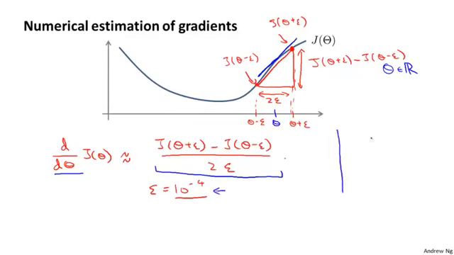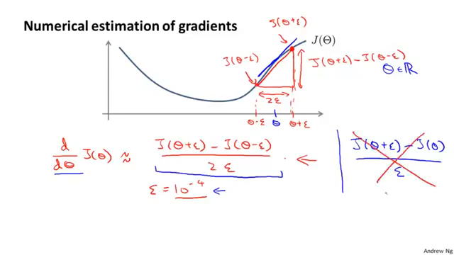And by the way, some of you may have seen an alternative formula for estimating the derivative. This one on the right is called the one-sided difference, whereas the formula on the left is called the two-sided difference. The two-sided difference gives us a slightly more accurate estimate, so I usually use that rather than the one-sided difference estimate.